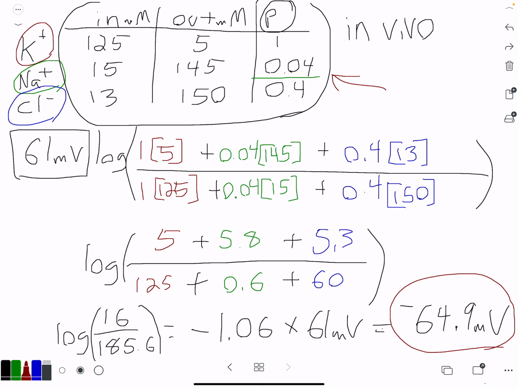Sodium, more concentrated on the outside of the cell, if it was permeable to the membrane, it would rush into the cell down its concentration gradient, bringing positive charge with it and making the membrane potential positive, which is not the case here because it's not permeable. But that is the case during an action potential. And we'll get into more details of that in subsequent lectures, and you don't have to worry too much about that in terms of studying for the exam.